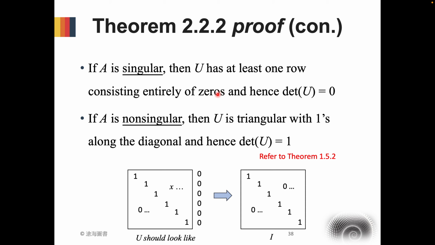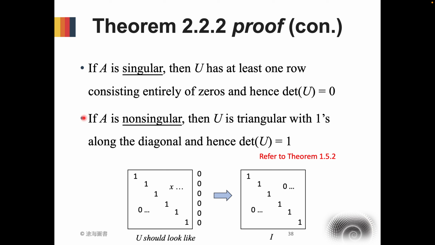So in that case, determinant U is equal to 0, because we already know that if some matrix contains at least one row consisting entirely of zeros, then its determinant is equal to 0, right? Because we can do cofactor expansion along that zero row.